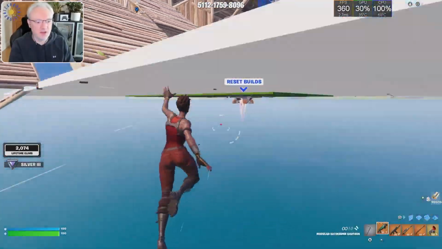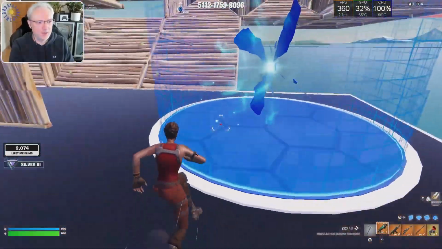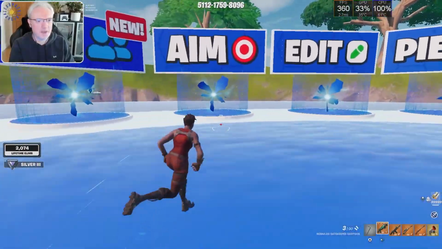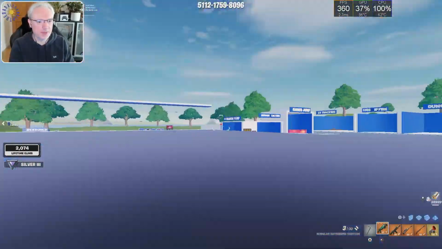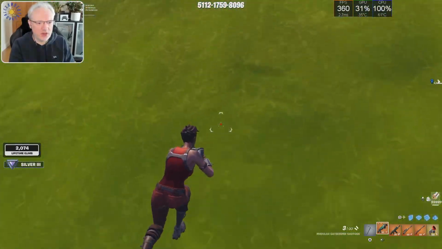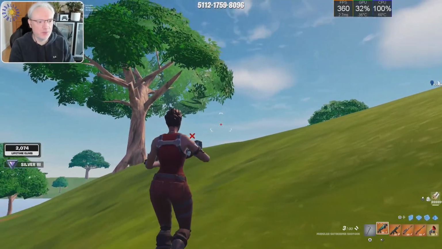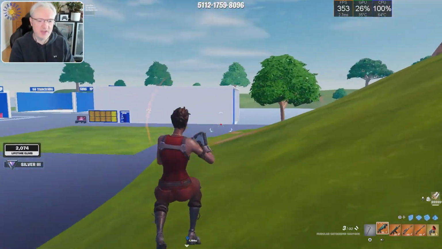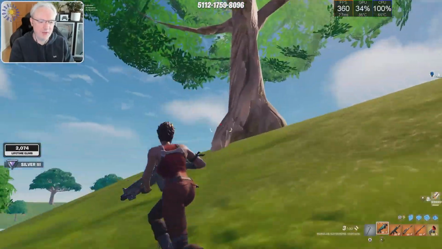So if you go onto grass, let's go to aim. You just look at the grass. DX12 is more detailed than performance mode. The trees are more detailed in DX12 because it hasn't had those stripped down things.